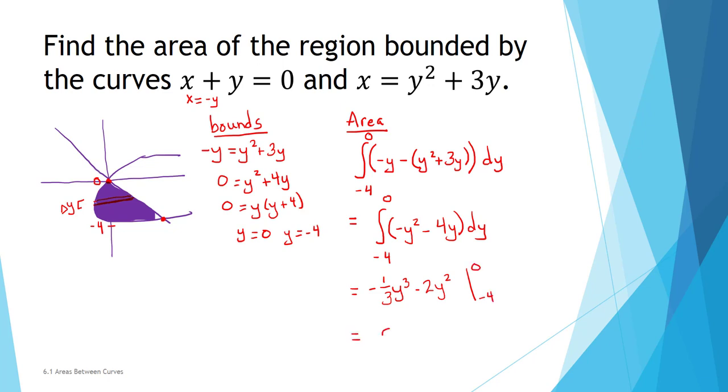When we plug in 0, we get 0. And then we subtract. When we plug in negative 4, we get negative 1/3 times negative 4 to the third minus 2 times negative 4 squared. And overall, that gives us 32 thirds as our area.